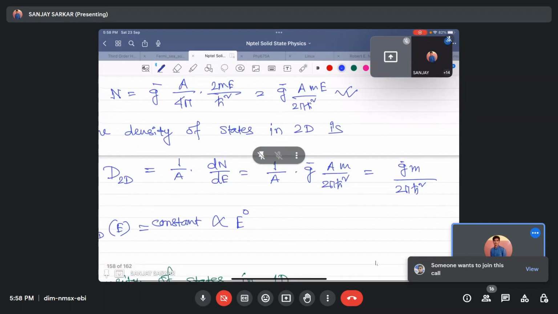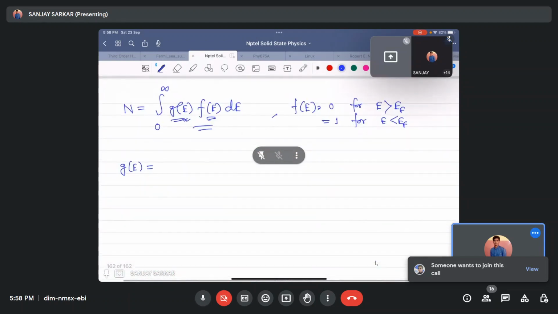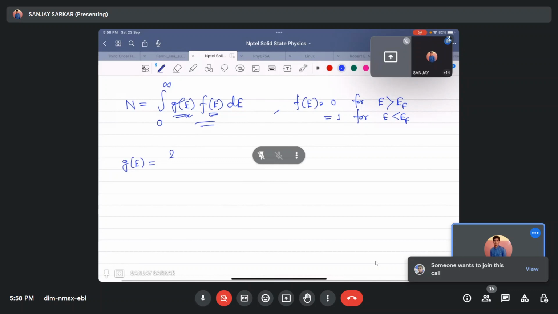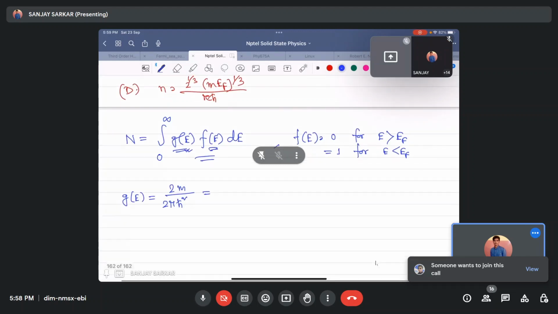It is 2m by 2 pi h bar square, where the g factor is 2, which will be equal to m by pi h bar square.